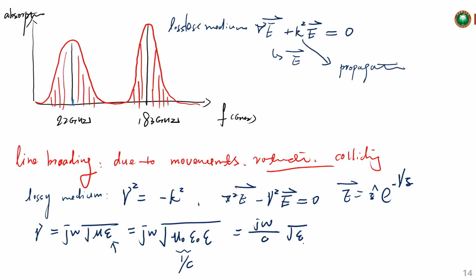As we all know, the square root of the dielectric constant is named the refractive index, which corresponds to the refractivity of the electromagnetic waves. Because it is a lossy medium, the refractive index is a complex value, so it has a real part and an imaginary part here.